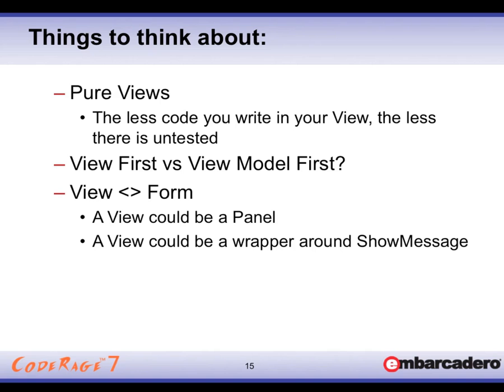There are advantages and disadvantages to both. I personally find that when I go view first and let the forms drive the flow of my application, my applications become more complicated and more tightly bound. Your mileage might vary, so try it both ways. I decided that I was more comfortable with view model first, but try it.